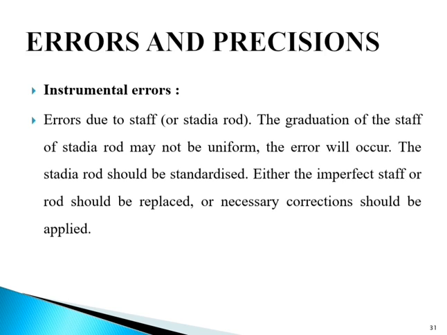Errors due to the staff or stadia rod: the graduation of the staff or stadia rod may not be uniform, then the error will occur. The stadia rod should be standardized. Either the imperfect staff or rod should be replaced or necessary corrections should be applied.